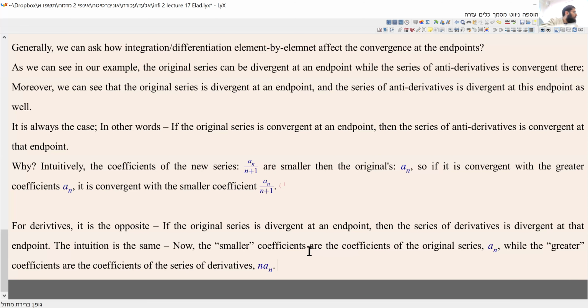After we differentiate, the n jumps out. That's what we get.